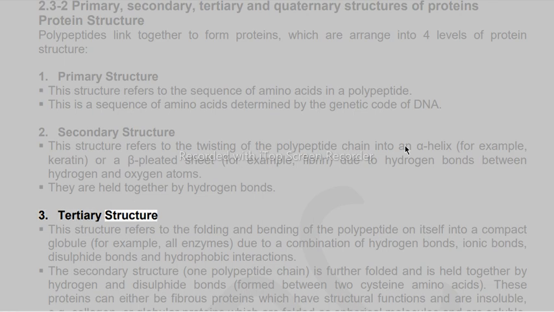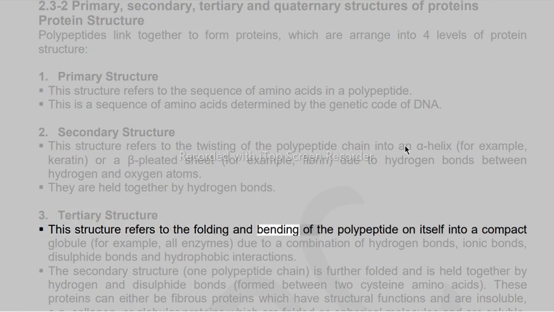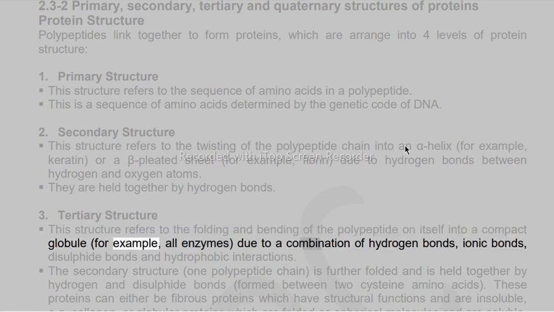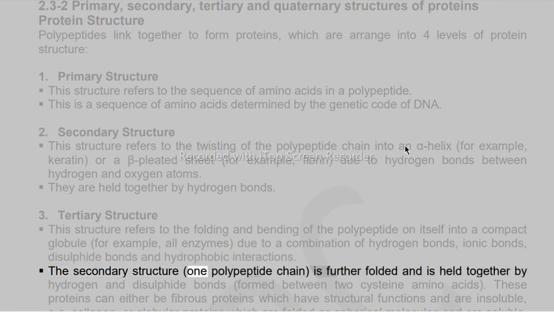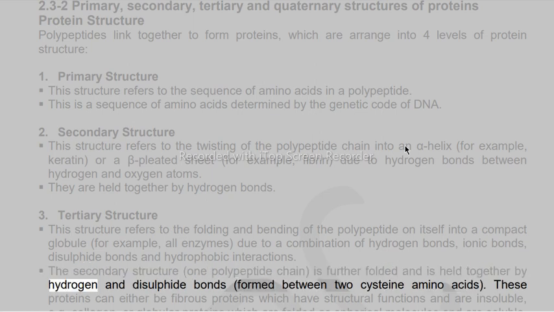3. Tertiary structure. This structure refers to the folding and bending of the polypeptide on itself into a compact globule, for example, all enzymes, due to a combination of hydrogen bonds, ionic bonds, disulfide bonds, and hydrophobic interactions. The secondary structure, one polypeptide chain, is further folded and is held together by hydrogen and disulfide bonds, formed between two cysteine amino acids.